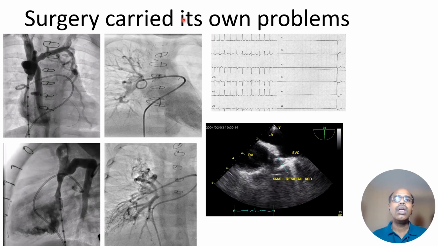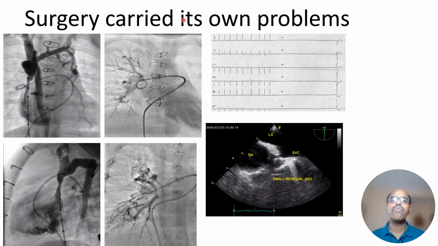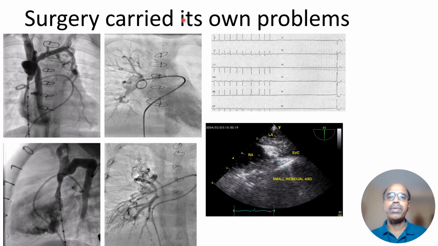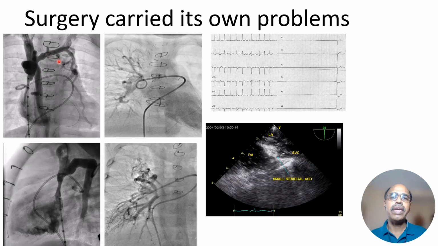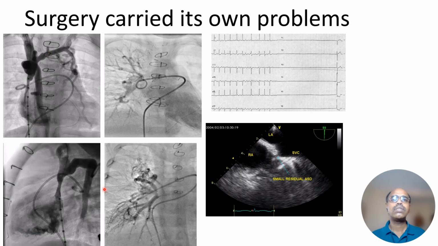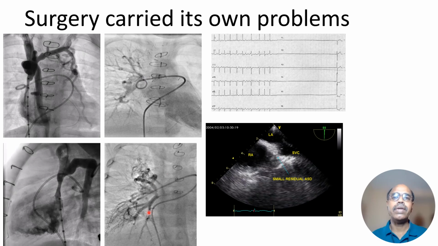If you look at the problems of surgical closure, by and large it is a safe procedure. However, 3 to 4% of the patients may get SVC syndrome. 1 to 2% of the patients may get right upper pulmonary vein stenosis.